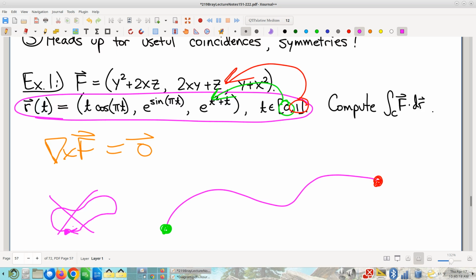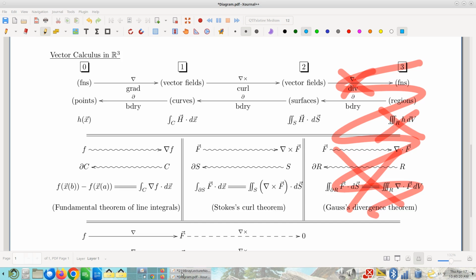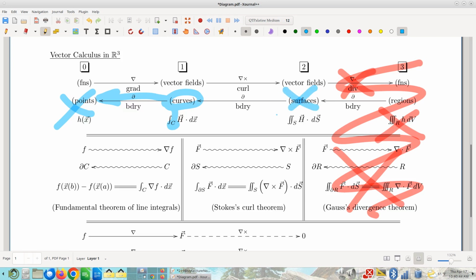Right. So, back to the diagram. What does it tell us? We took our domain curve. We computed the boundary. We found that the boundary points are not the same. Said differently, there is a boundary. This is not a closed loop that never starts and never ends, right? This has a boundary. So therefore it can't be a boundary of any surface.